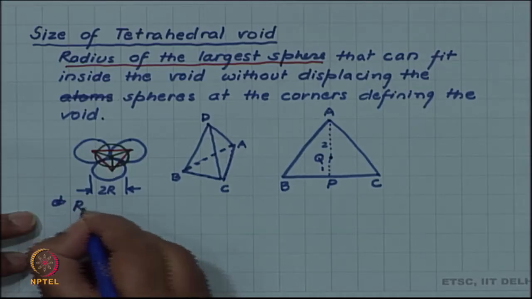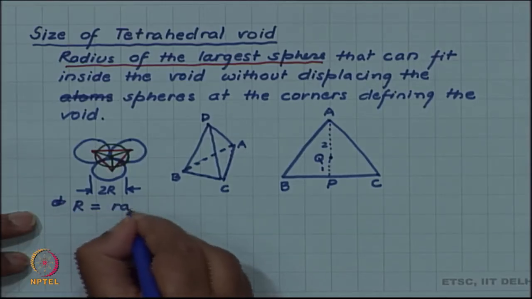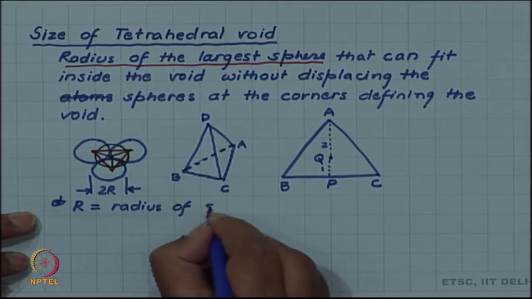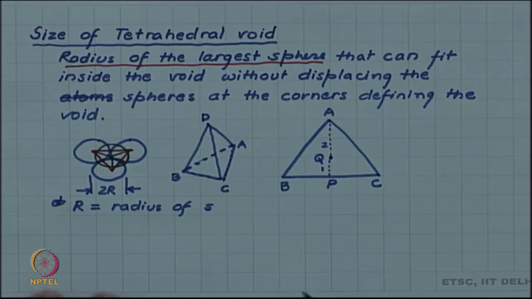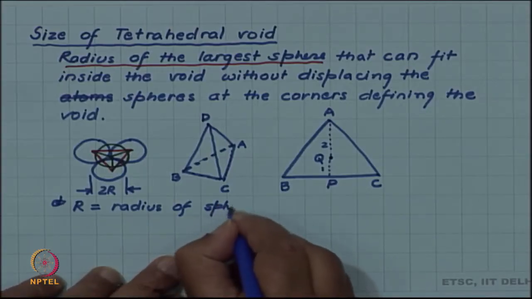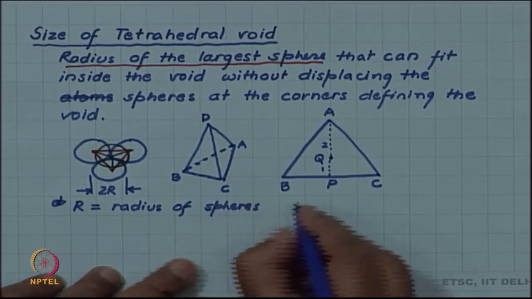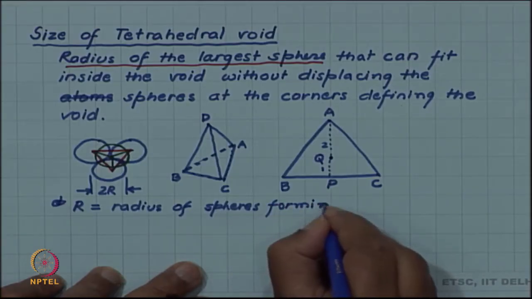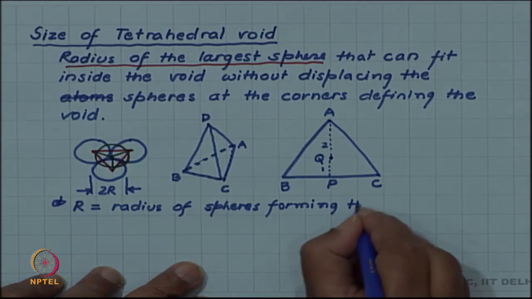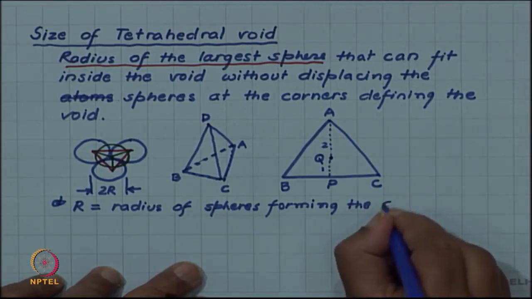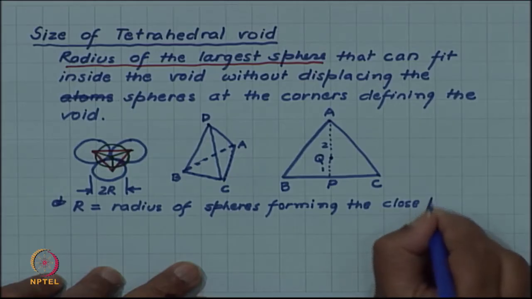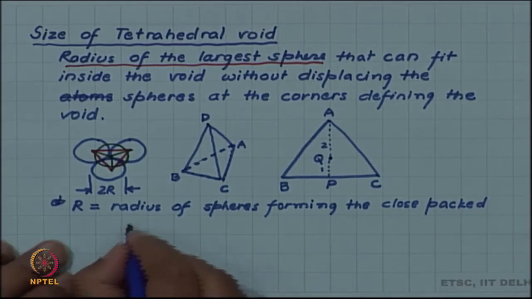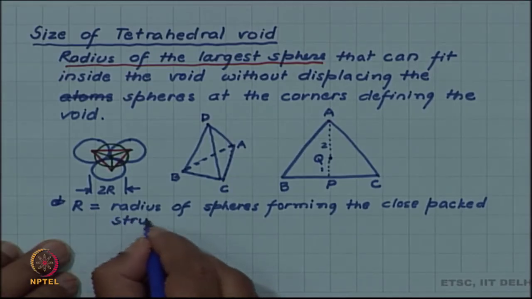So, r is the radius of spheres forming the close packed structure.